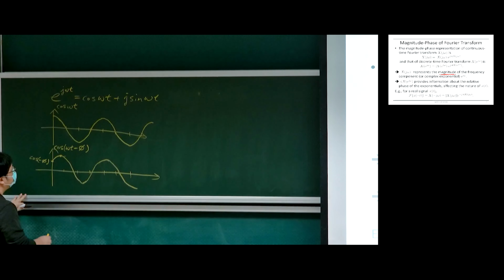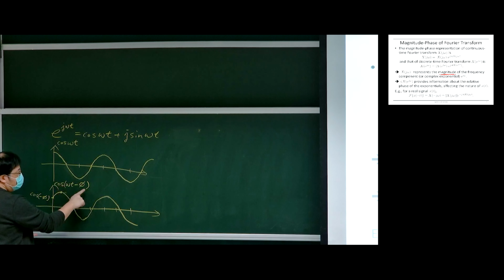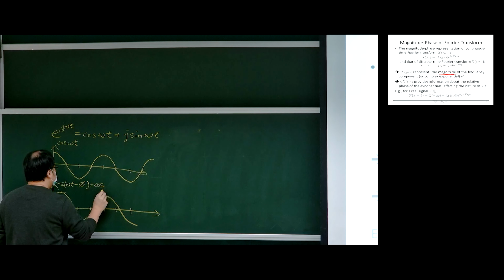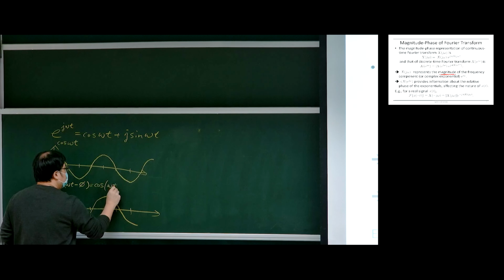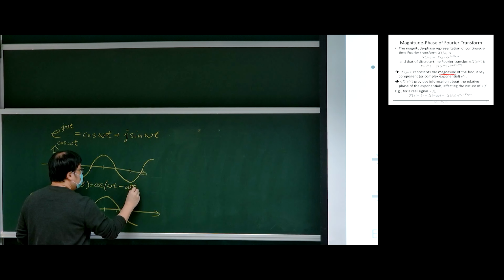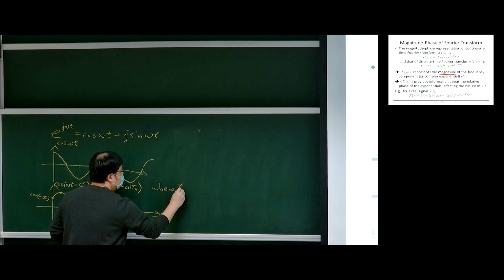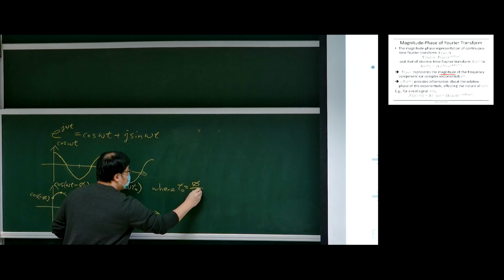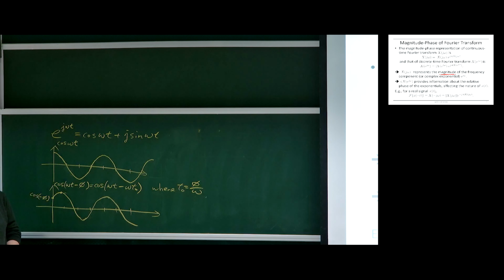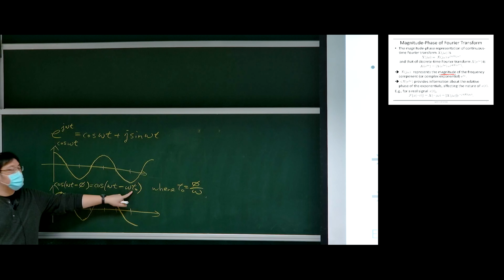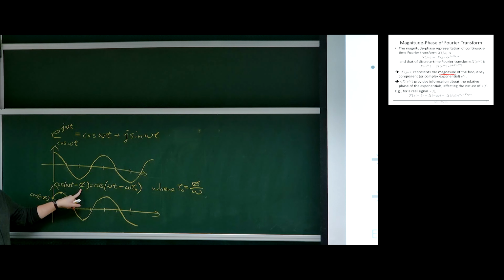You can also view this as cosine of omega t minus omega t naught, where t naught is phi divided by omega. Suppose you substitute this inside, then you again have this phi.